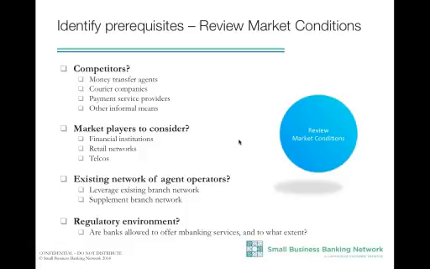The bus companies have their agents at the bus depot. They take the money and pay it off at different locations, and they carry out this type of system. They have a float at all these places. So there are different types of competitors. You need to start looking at who your competitors are.